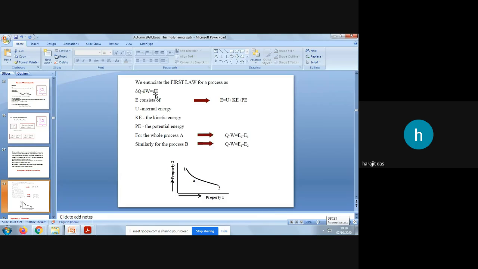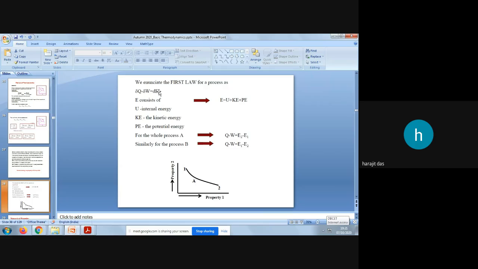So for that process you can also use this formula. Means for any process we'll be using this formula. And for any cycle, we will be adding up all the work, which will be equal to the summation of all the heat interactions, but that is for a cycle, this is for a process.